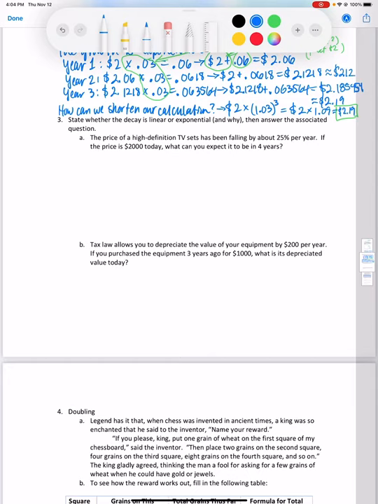So for year 1, we have $2,000, and it's been falling by 25%. So we multiply that by 25%, and we get $500. Then we take that $500 and subtract it from the 2,000, and we'll get $1,500. Year 2, we start with $1,500.